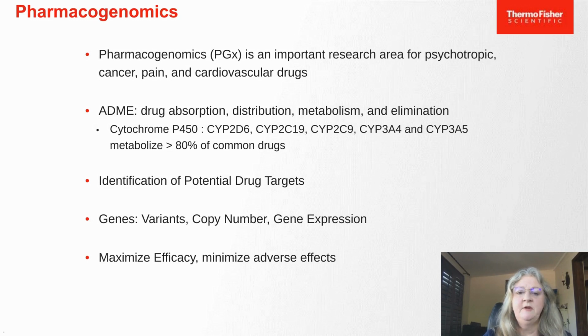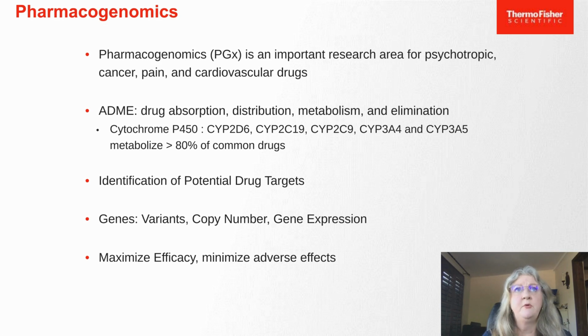So, pharmacogenomics is an important research area. There are many genes that affect the metabolism of psychotropic, cancer, pain, and cardiovascular drugs, among other diseases. And specifically, we focus on the ADME process involving drug absorption, drug distribution, drug metabolism, and drug elimination.